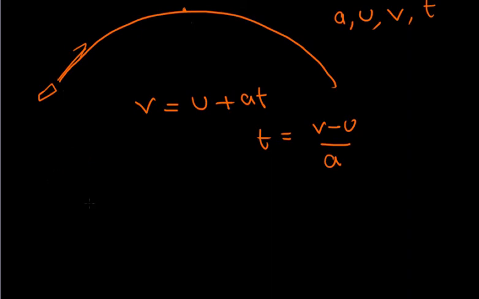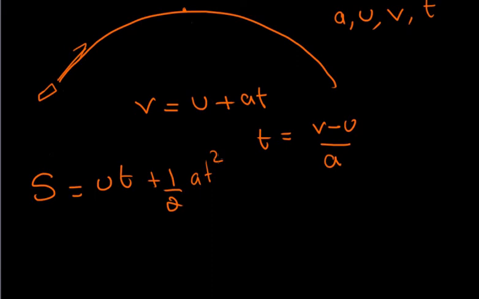Okay. So now we need to find an equation that has all these components, and we want to find the displacement. So it turns out there is an equation for this: displacement is equal to initial velocity times time plus half acceleration times time squared.